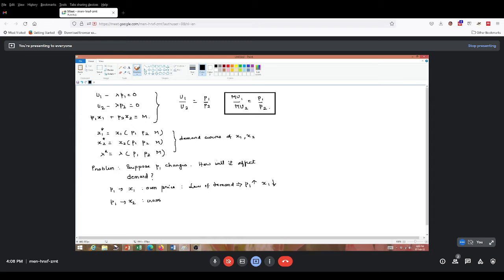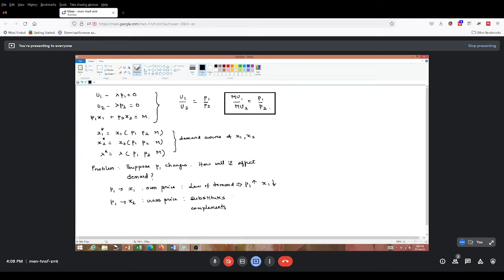This is the cross price effect, and the answer will depend upon whether X1 and X2 are substitutes or complements.